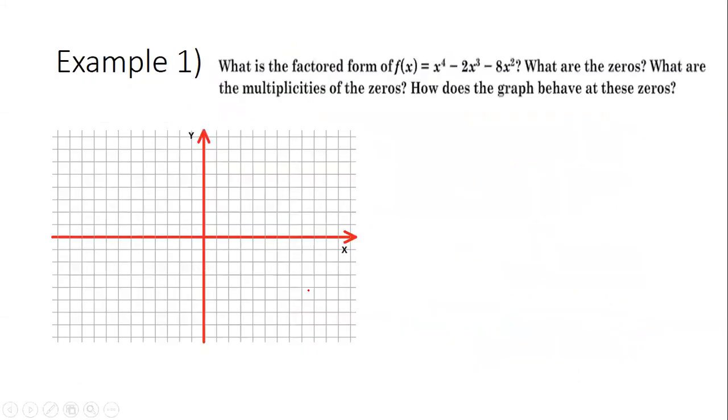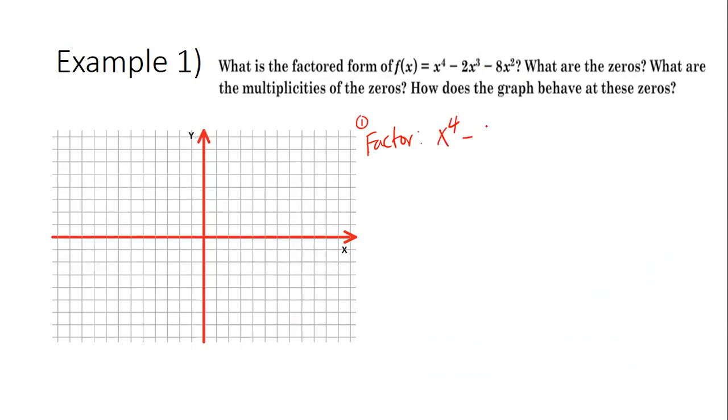Okay. So here's our first example. What is the factored form of f of x equals x to the 4th minus 2x to the third minus 8x squared? That's the first thing we're going to do. So the first thing we're going to do is factor. When we talked about factoring this week, the first thing you want to look for is a GCF.